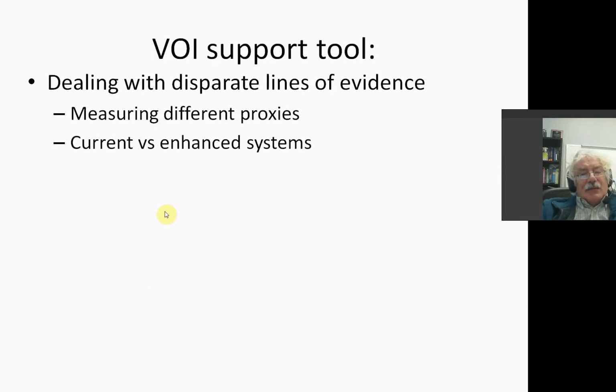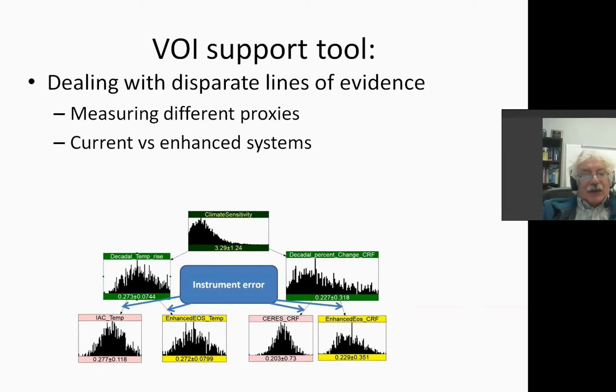And the second theme of this little demo is to illustrate the relation between the current and the enhanced measuring systems. We already have systems for measuring decadal temperature rise and decadal change in CRF, and these are indicated here with these pink systems. These are the current systems.